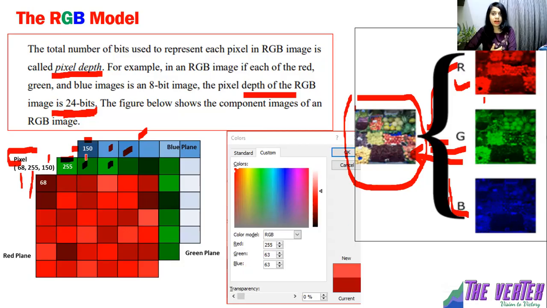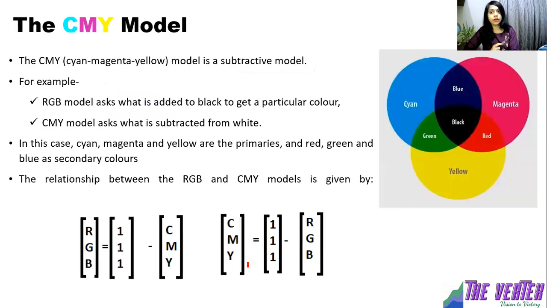It is nothing but these values of R, G and B. Whenever you want to select a particular shade of, say, red or green or blue, it will change the intensity, or you can say the level of red, green, and blue. So remember, every color image is the addition of 3 image components, that is the red component, blue component, and green component.